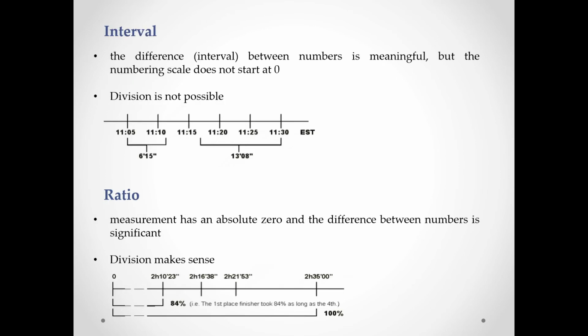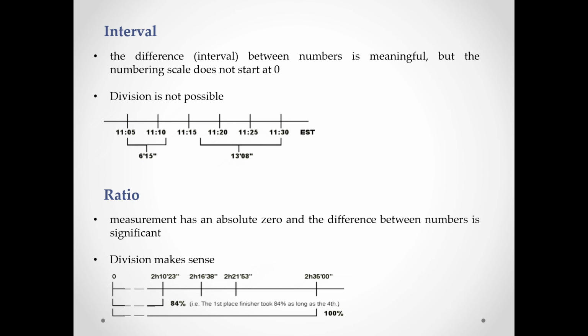In interval, the difference between numbers is meaningful, but the numbering scale doesn't start at 0. Division is not possible. Here the interval is used, for example the time interval between 11:05 and 11:10. The ratio measurement has an absolute 0 and the difference between numbers is significant.